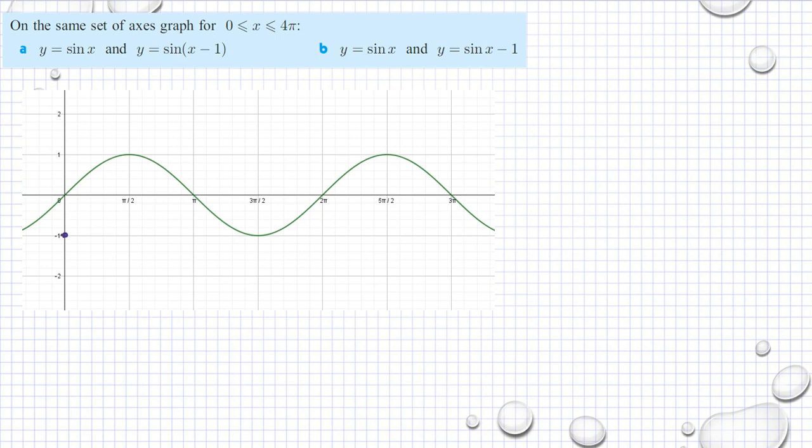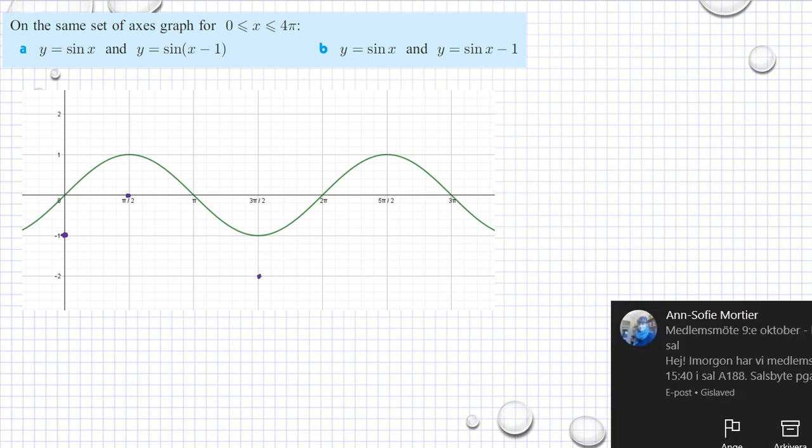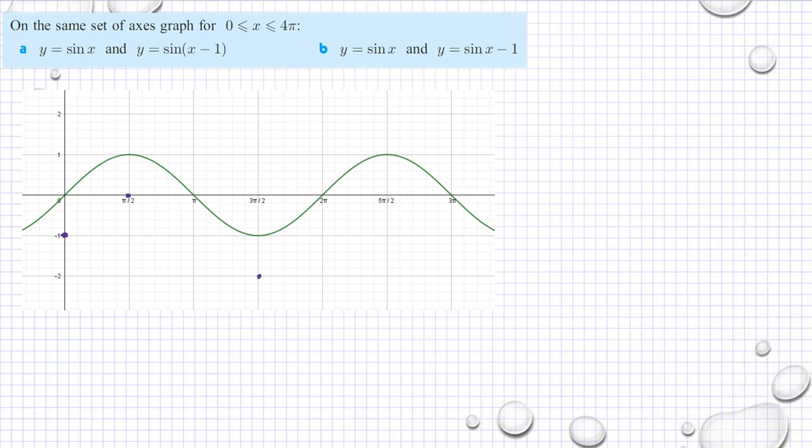So it's the same. The amplitude is still 1. So this is our maximum point, and this is our minimum point. Maximum point, and then continue.